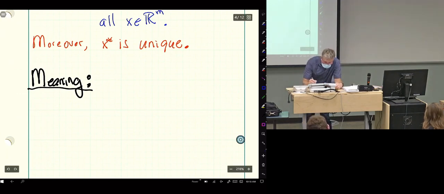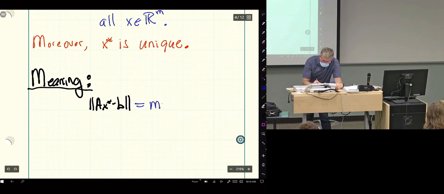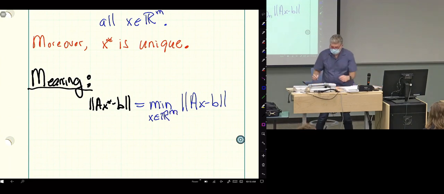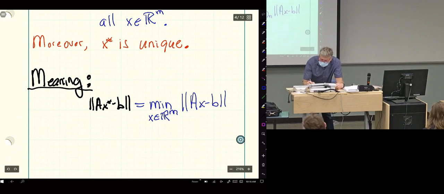Okay, so meaning, when I do the norm of A x star minus b, it is equal to the minimum of the norm of Ax minus b, where I search over all points in R^m. So A is n by m.